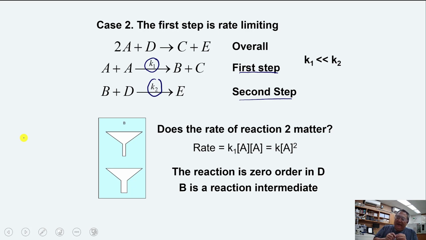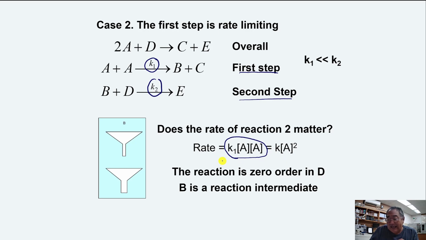So if the first step is the rate determining step, then the rate law comes from just the first step. And that's going to be this. A has to run into A. That's actually what that means.